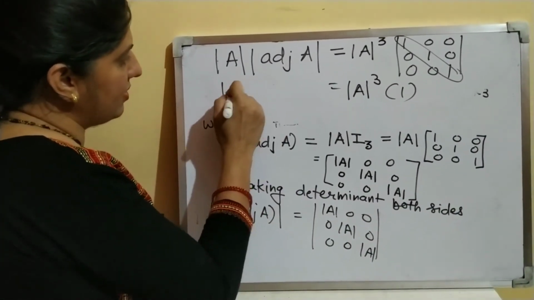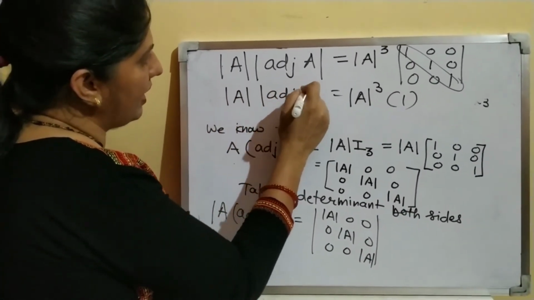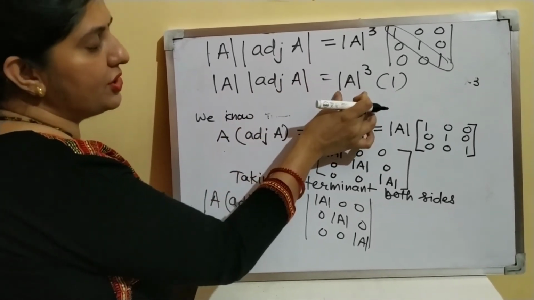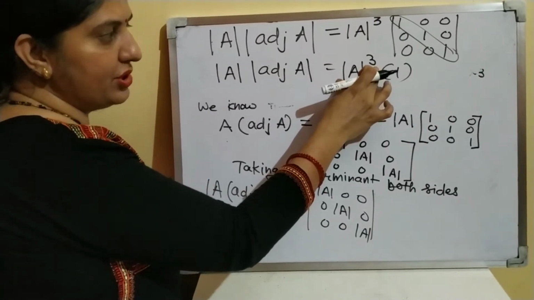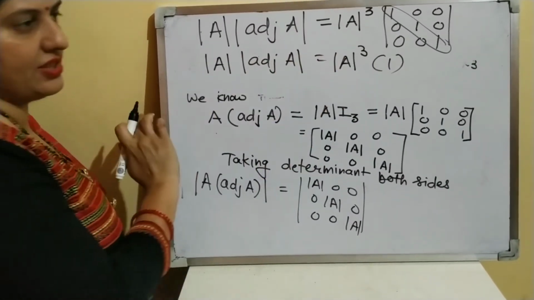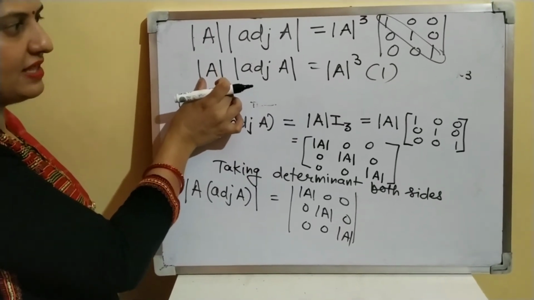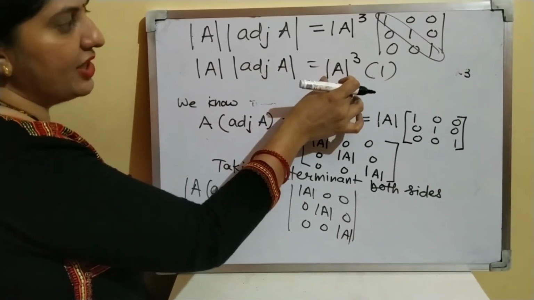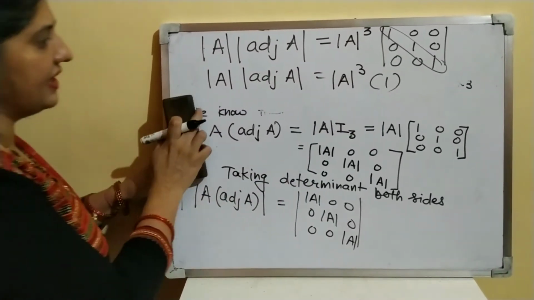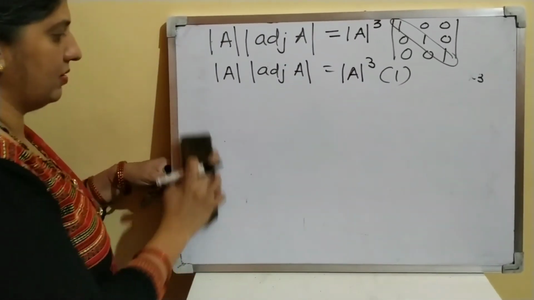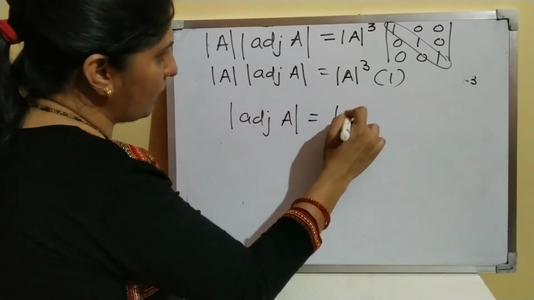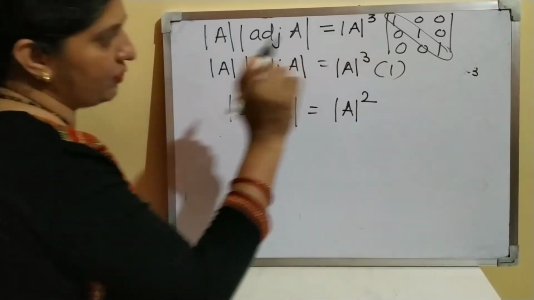Thus we get determinant of A into determinant of adjoint of A is equal to determinant of A to the power 3. Now see here, we can simplify the terms. Determinant of A is a number, determinant of A to the power 3 is also a number. You can simplify it and we get determinant of adjoint of A is equal to determinant of A to the power 2.